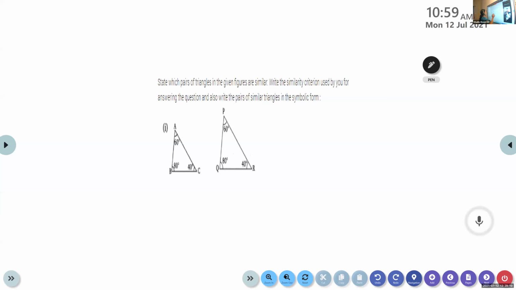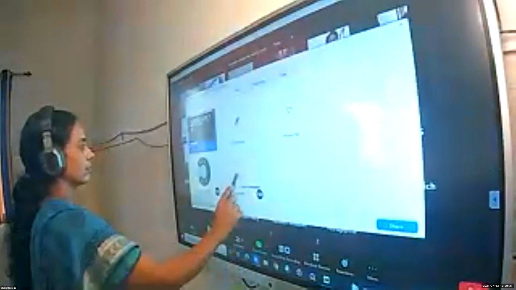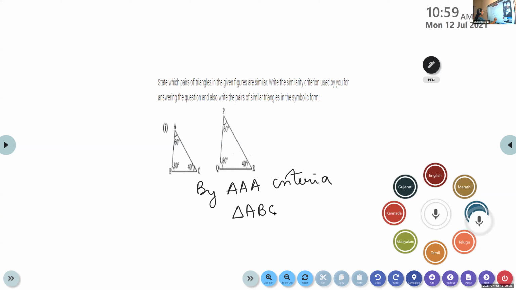We can use the AAA criteria. By AAA criteria, all the 3 angles are equal. When you write this, listen children, we should write it in the correct order. Look at here.